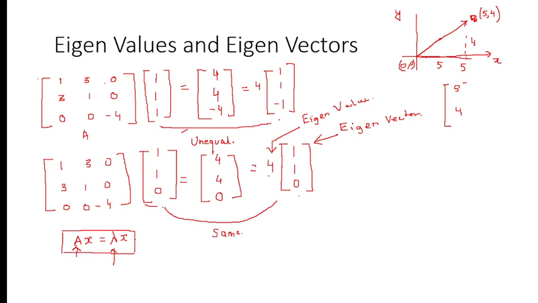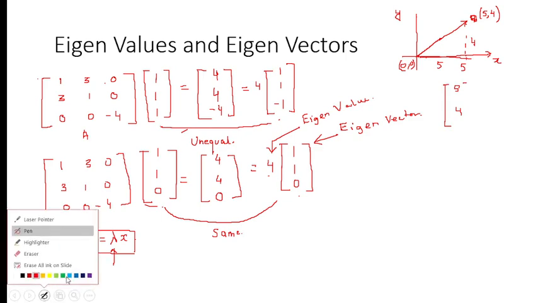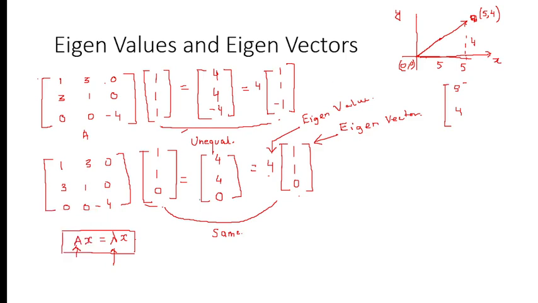Similarly, suppose there is another vector which has x as 3, and y, suppose it is 1.